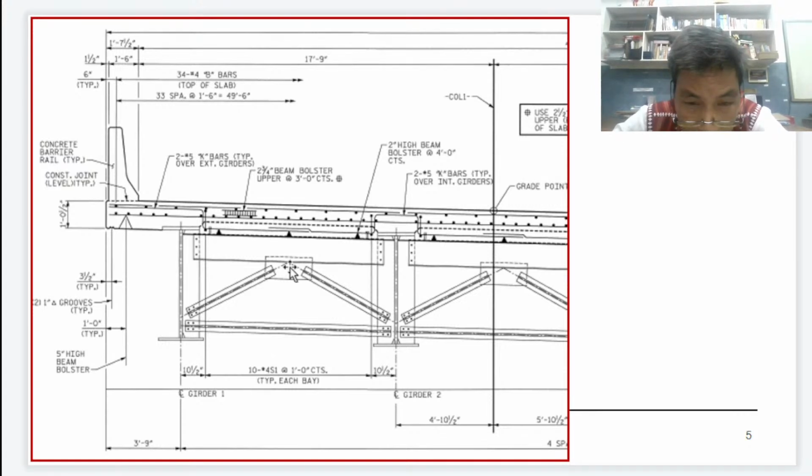Take note, in the plan there is a specific location for splicing. Those of you who are into construction, I always noticed that in actual construction you are not following the correct location of splicing. The location of the splice is being designed.